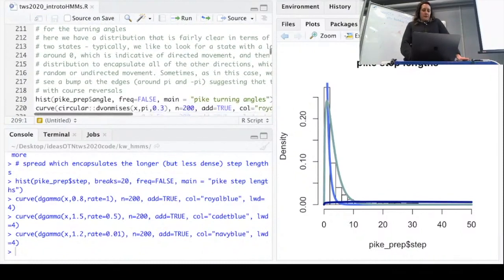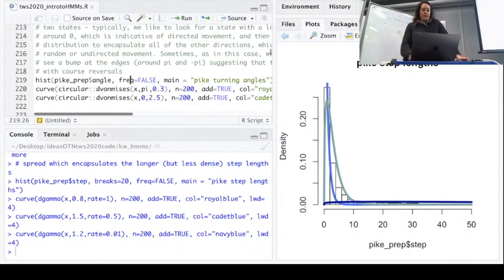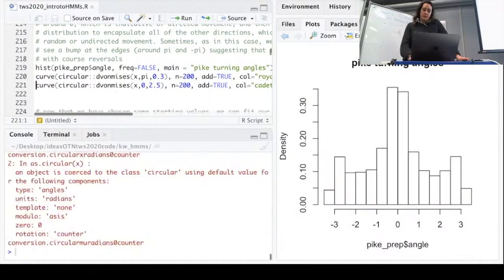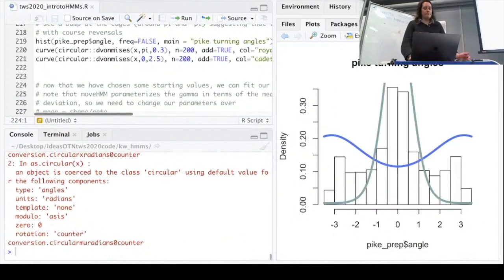For the turning angles, what we're typically looking for again, when we're looking at directed movement, is a really concentrated distribution around this 0 angle, right? Because if I'm turning 0 degrees, I'm going straight ahead.